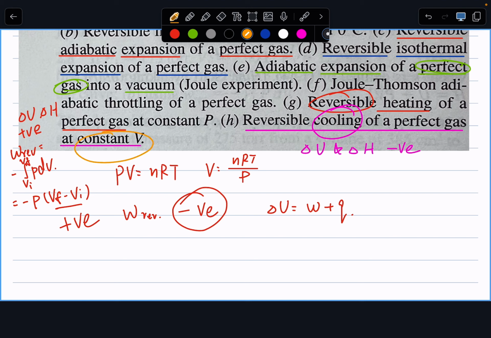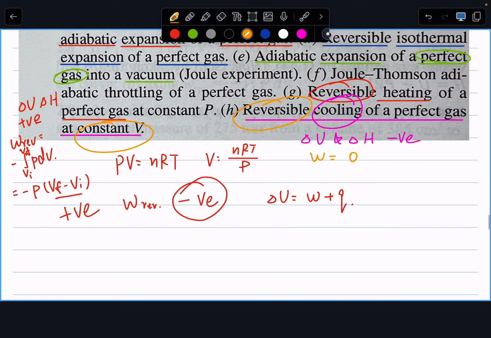We're talking about a process at constant volume, so my work is 0. As a result, my Q, which equals delta U minus work, must be a negative number.